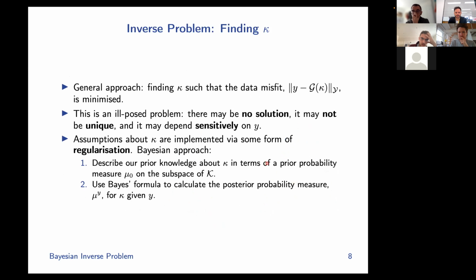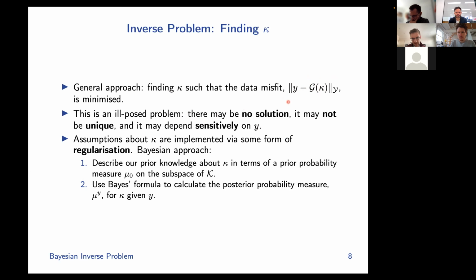The way we usually go about this is we try to find kappa so that the data misfit term, where we have the observed data y and what the model suggests, is minimized with respect to kappa.